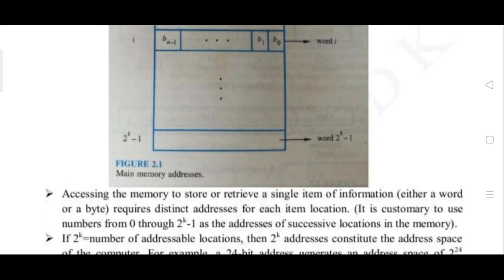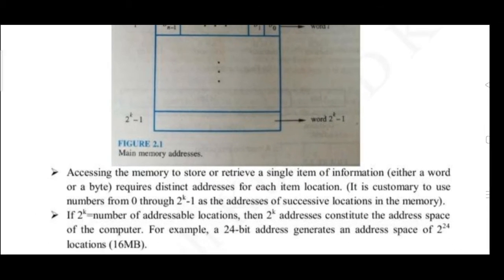Then the next row is marked as word 1. Again it has the same length of n bits, and each bit is accessible. So b0 is the first bit of word i, consider b0 to b(n minus 1), various bits are marked. This is what the main memory address is.